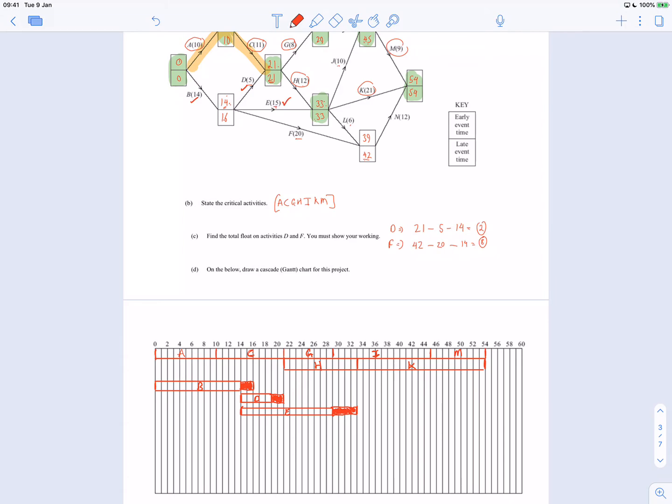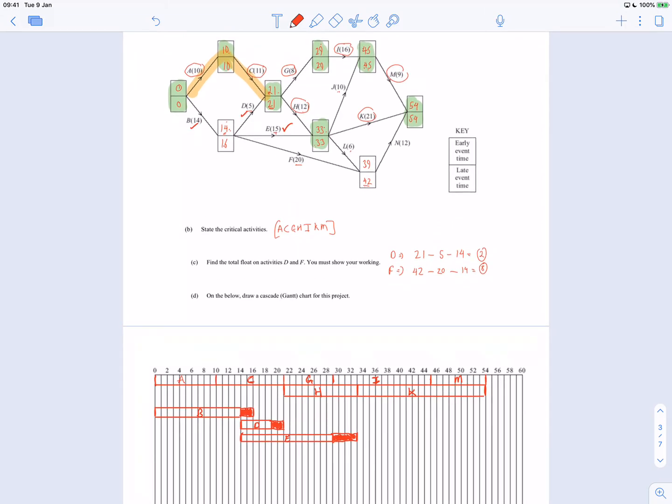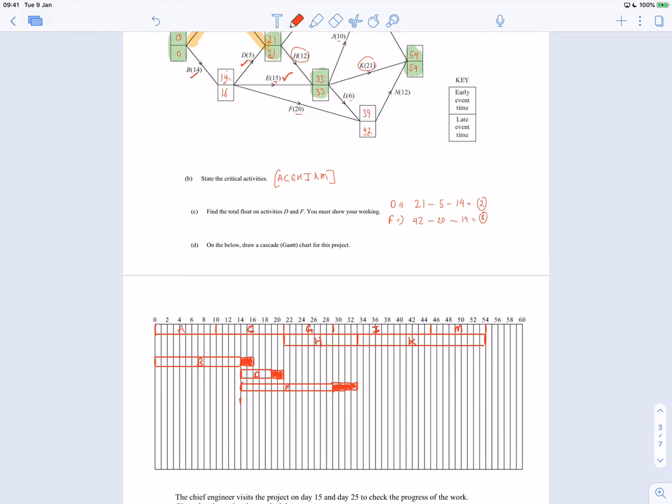So that's E done. Let's go F, so that can also start at 14. And it's 20 long, so it's going to take me up to, oh, hold on, 34, yeah, which is up here. So there's F. And the latest I can be there is at 42.